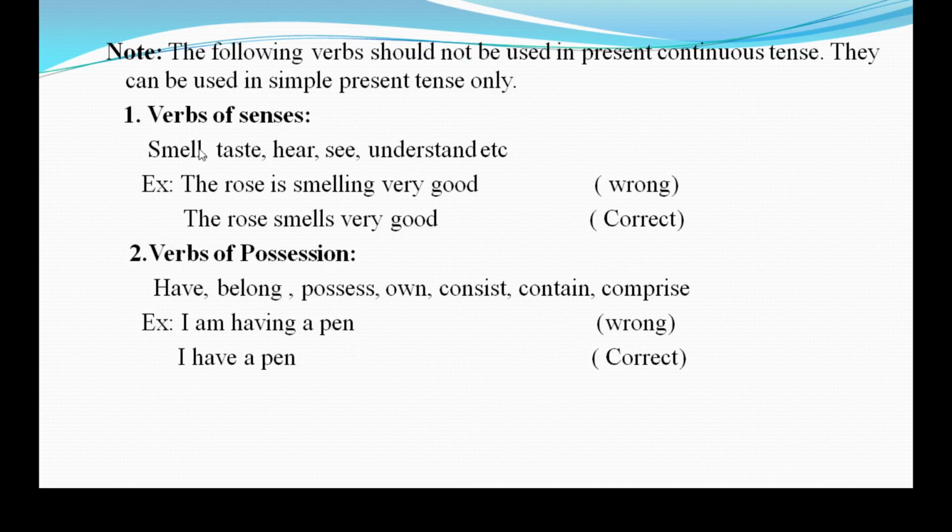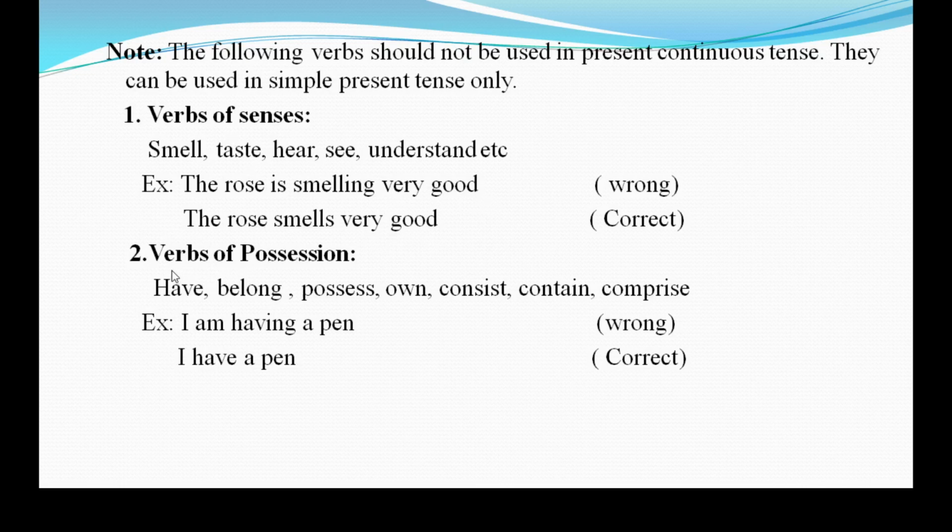If we take verbs of senses: smell, taste, hear, see, understand, etc. For example, the rose is smelling very good is a wrong sentence, but we need to construct it in simple present tense only: the rose smells very good. Here, continuous or progressive tense is not applicable to verbs of senses.